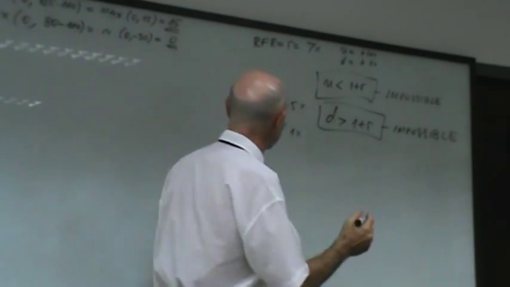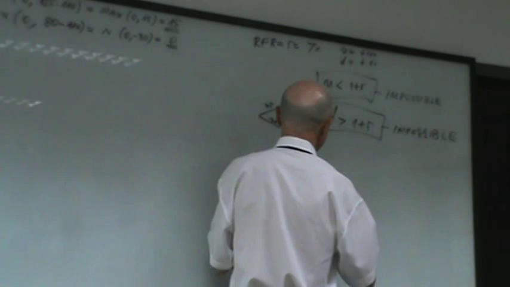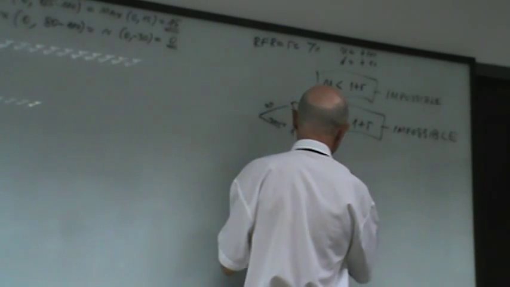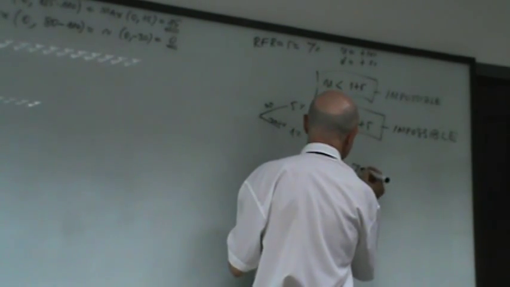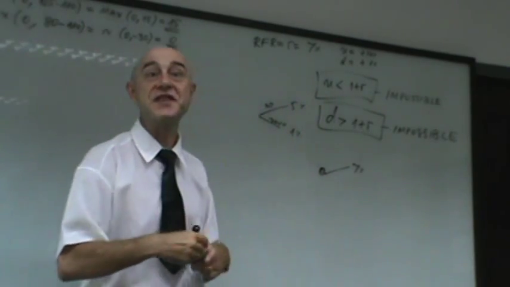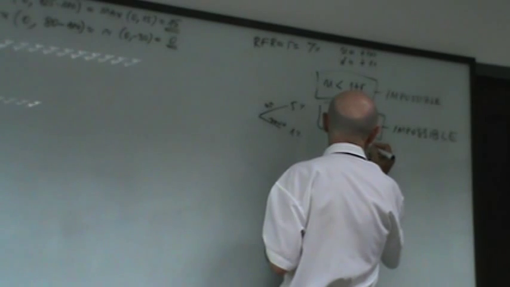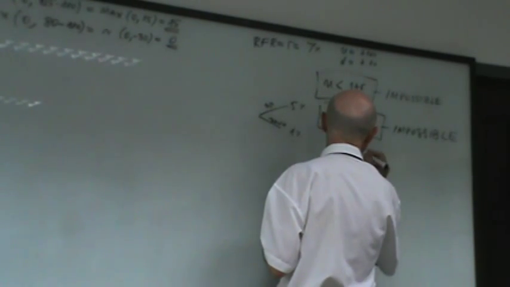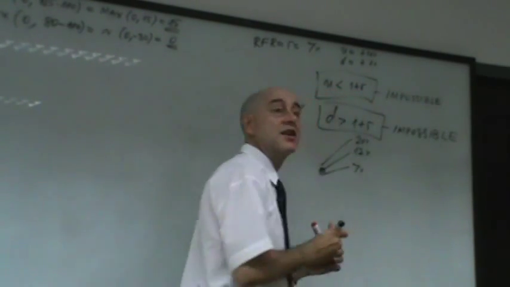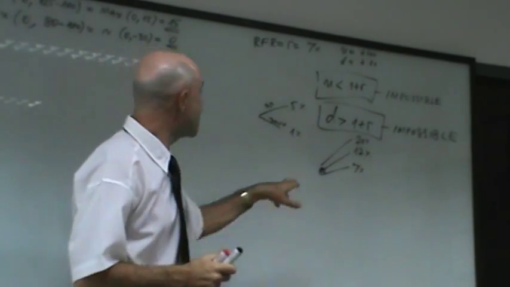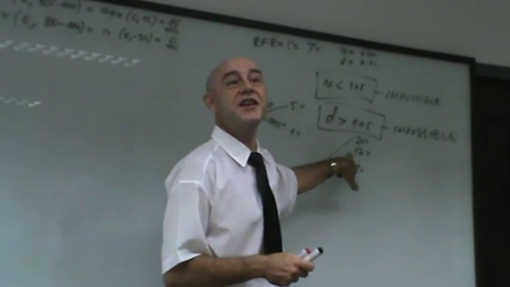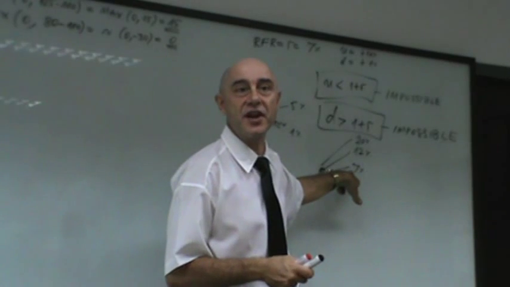Think of it this way: your risk-free rate is giving you 7%. On the upside, you get 20%, and on the downside you get 12%. So your worst case is better than the risk-free.